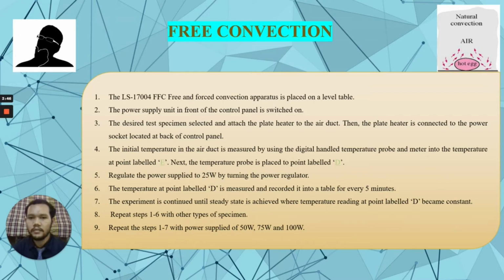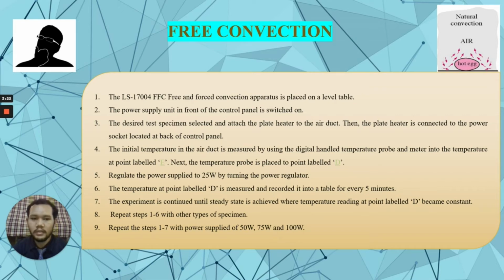For the free convection procedure, first, the LS17004 FFC free and forced convection apparatus is placed on a level table. Second, the power supply unit in front of the control panel is switched on. The desired test specimen is selected and the plate heater is attached to the air duct.